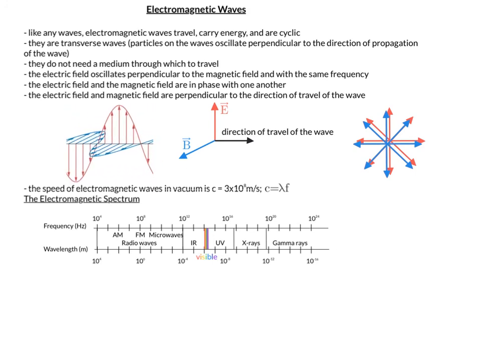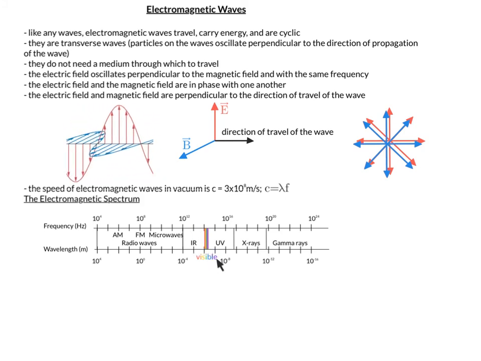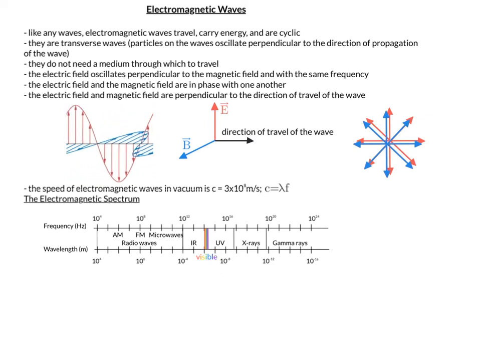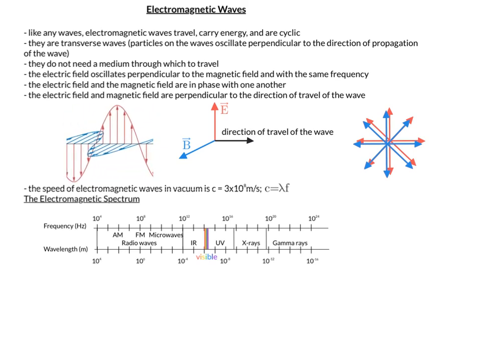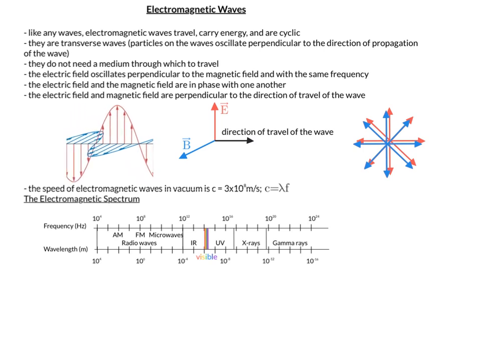All right, then at higher frequencies, we have infrared. Then there is a very narrow band here for visible light. Then we have ultraviolet, X-rays, and gamma rays. So since energy is h times f, h being Planck's constant, f is frequency, we'll talk about this in a later chapter.